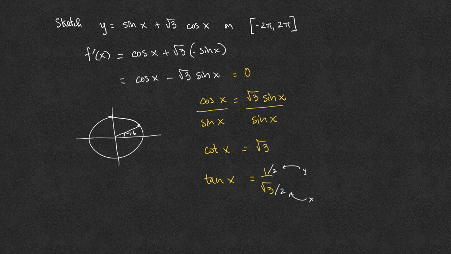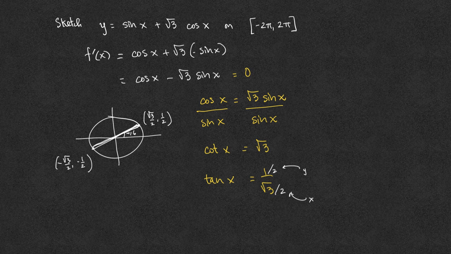The terminal point determined by the angle pi over 6 is x equals the square root of 3 over 2 and y is 1/2. But tangent is also the same in the third quadrant, when x is negative root 3 over 2 and y is negative 1/2. So tangent is also positive in the third quadrant.